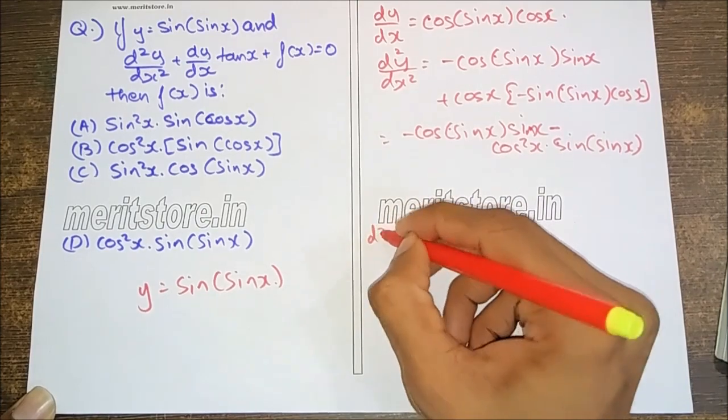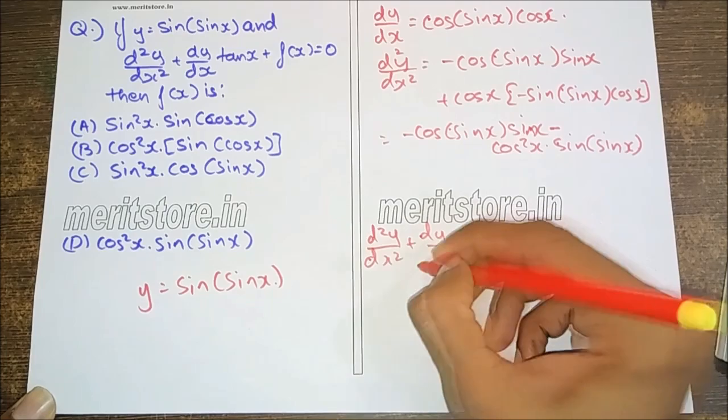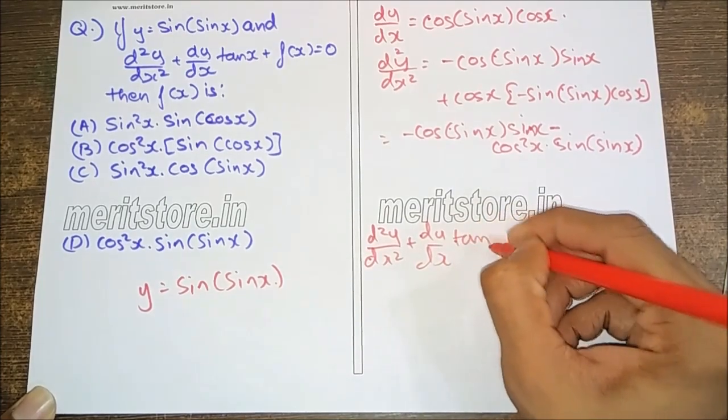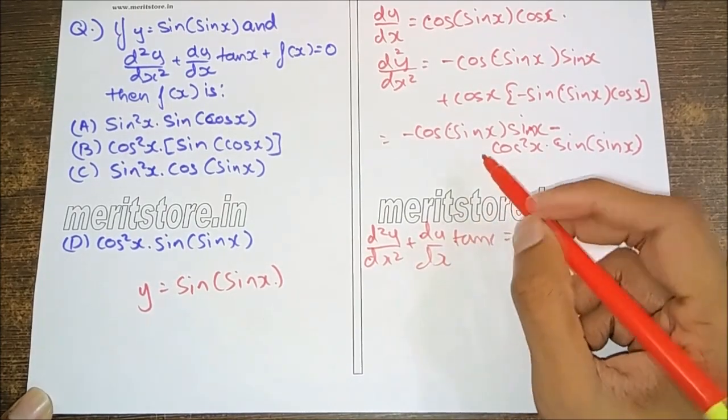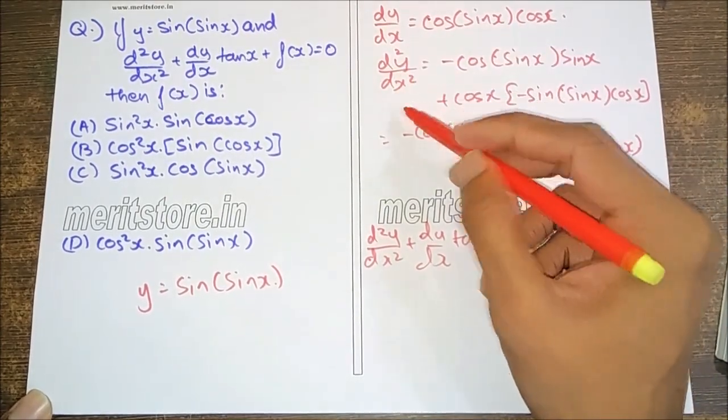So we have d square y upon dx square plus dy by dx tan x. Therefore we substitute the value of dy by dx and d square y upon dx square.